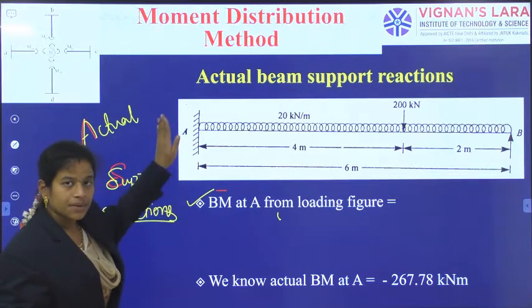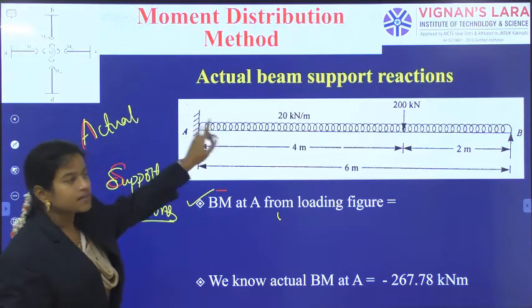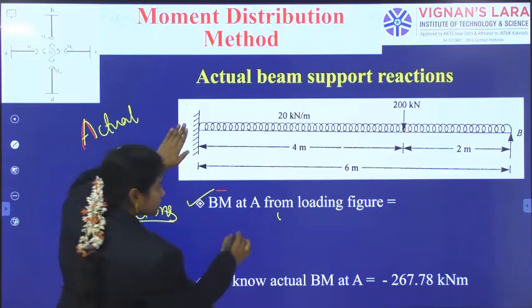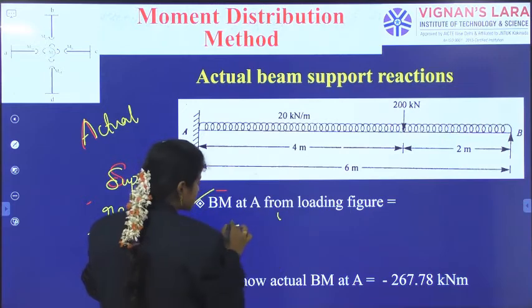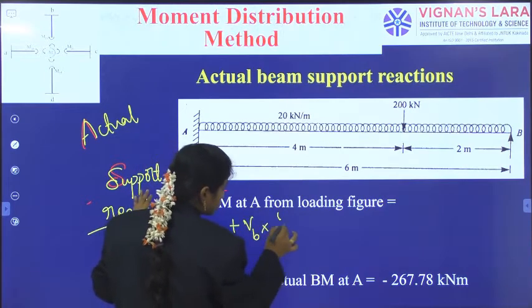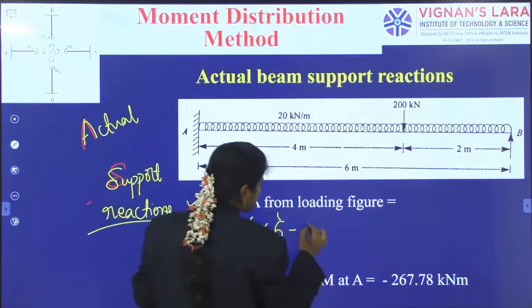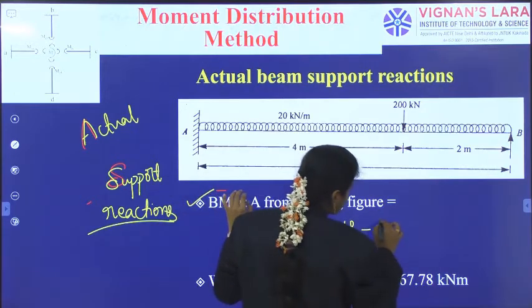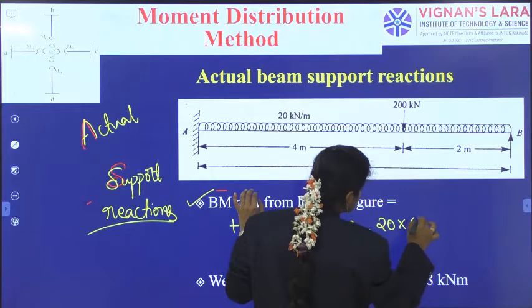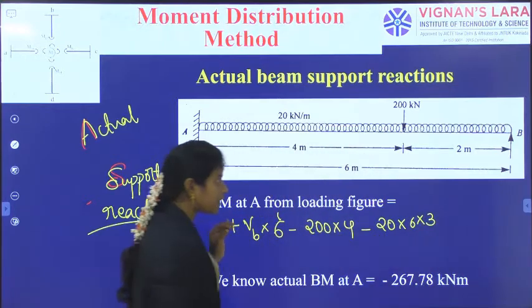So the bending moment at A for the given structure is causing a sagging type. So VB into 6, minus 200 into 4, minus 20 into 6 into 3. Right?